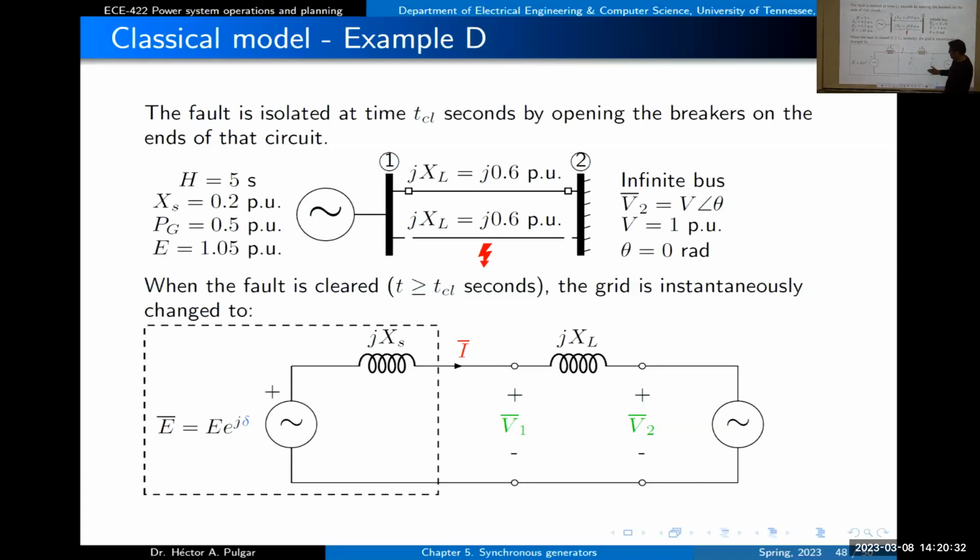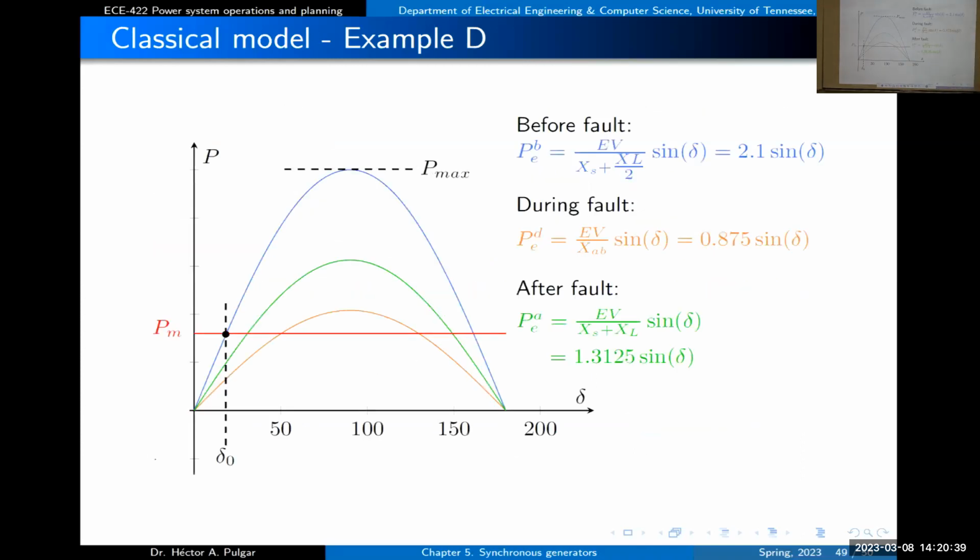The angle of this infinite bus is 0, so delta is the angle of the machine. So after the fault, we will have this situation. We plug the numbers, and this is the maximum power. So before the fault, we have 2.1. After the fault, we have 1.31, which is not great, but we still can transmit this power to the infinite bus.